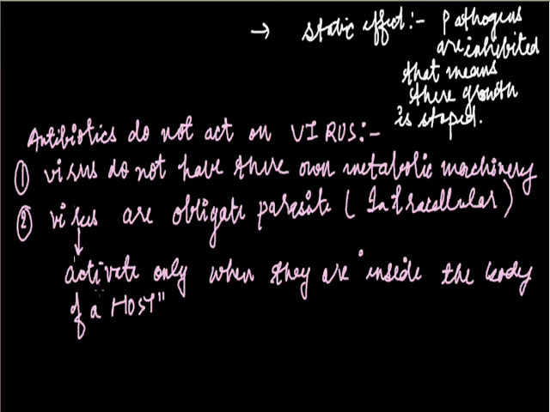They use the metabolic machinery of the host for multiplying their number. So we cannot use antibiotics, because viruses do not have any cell wall or cell membrane, and they use the machinery of the host in which they are residing.